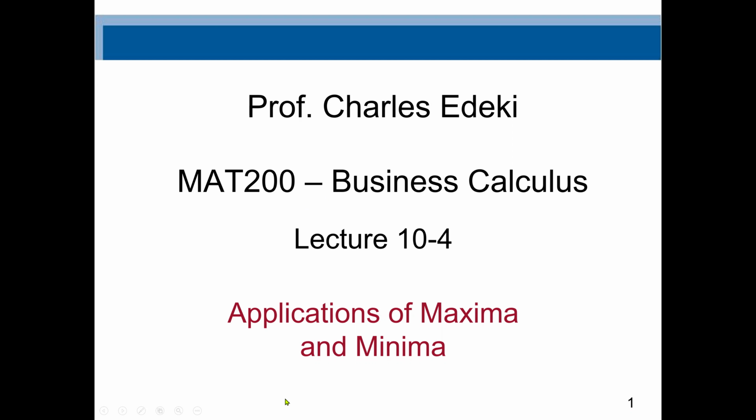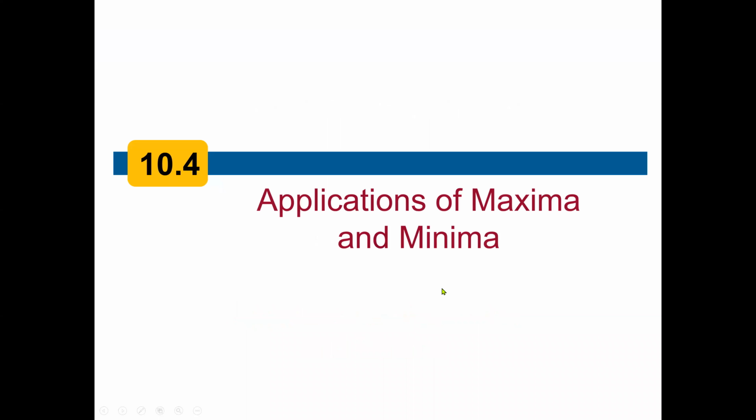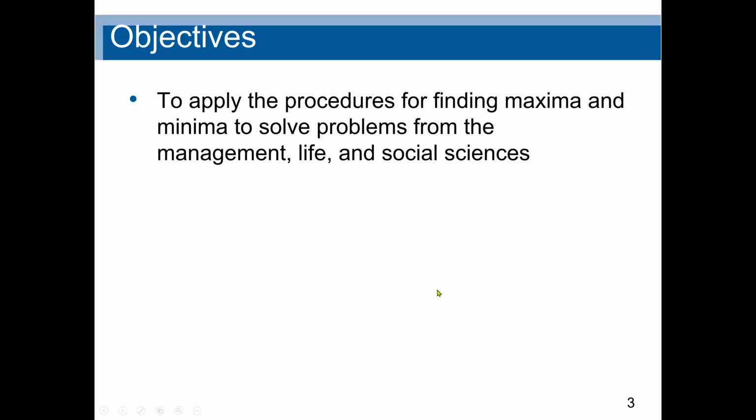In these lectures, we're going to discuss applications of maxima and minima, normally used in business applications. In our previous lectures, we discussed how to find the maxima or minima values of a function, that's the absolute maxima and also absolute minima. Normally, when we have the original function, we find the first derivative of the function.